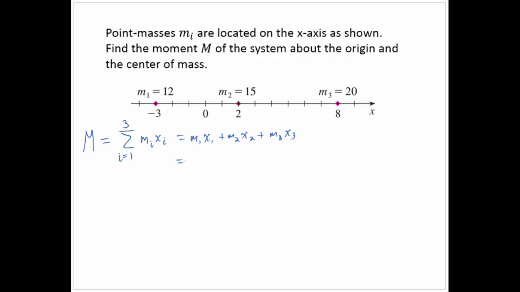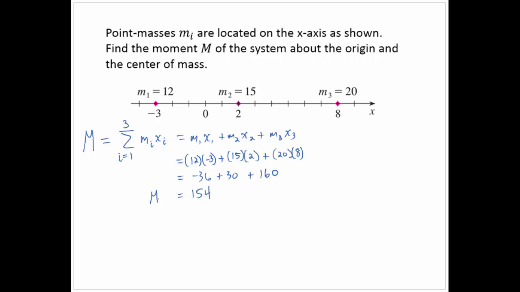Substituting, m1 is 12, x1 is negative 3, plus m2 is 15, x2 is 2, plus m3 is 20, x3 is 8. Simplifying gives negative 36 plus 30 plus 160, which is 154. So the moment of the system about the origin is 154.